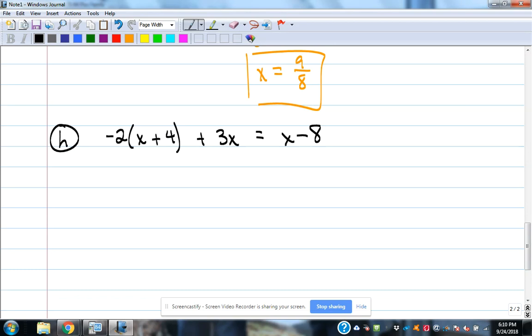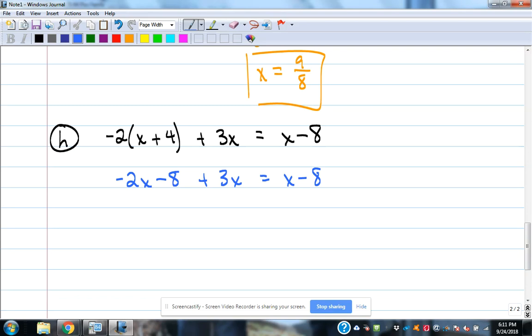What should be our first step? Yeah, distributive property, because anytime you see parentheses in a problem, you want to start there, because order of operations says parentheses come first. So distribute that -2. You get -2x minus 8 plus 3x equals x minus 8.